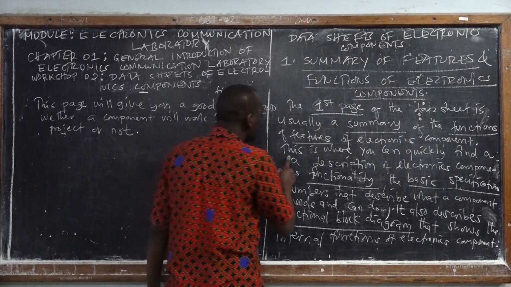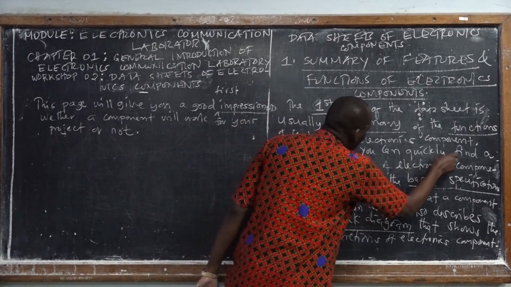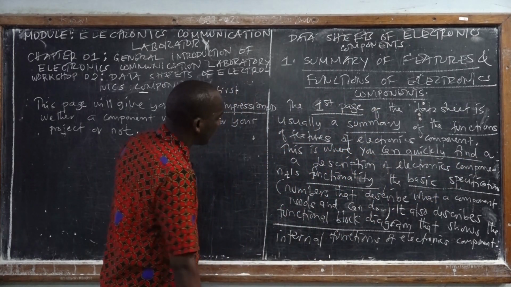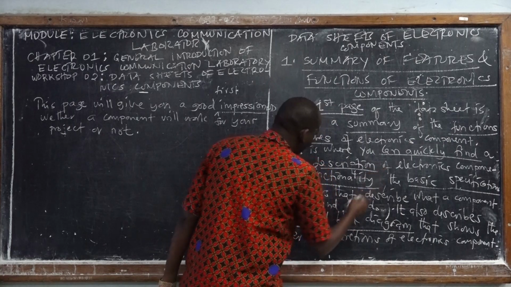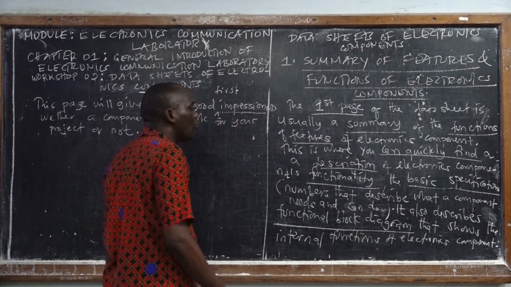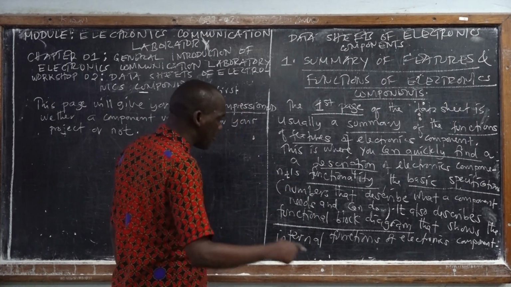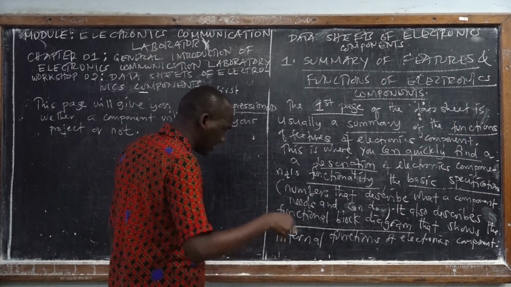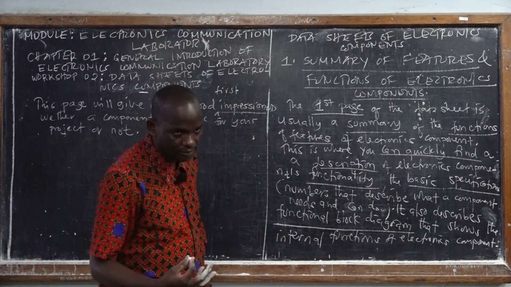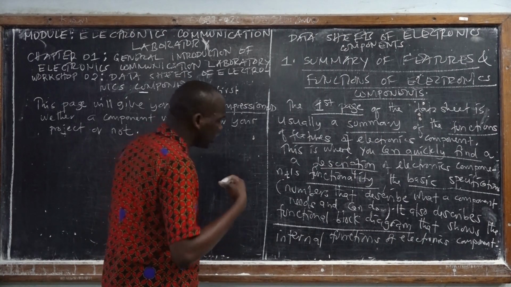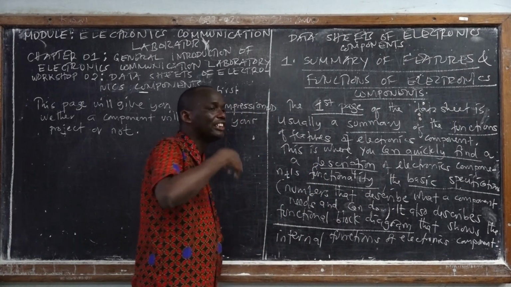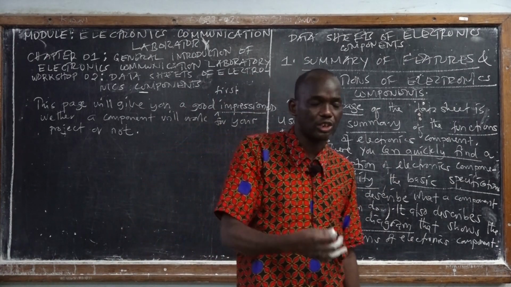Then, the second point. This is where you can quickly find a description of electronics components functionality, a description of the basic specifications, numbers that describe what the components need and can do. That is what you can find quickly. So in the first page, you are expected to learn descriptions of the functionality of the electronics component.